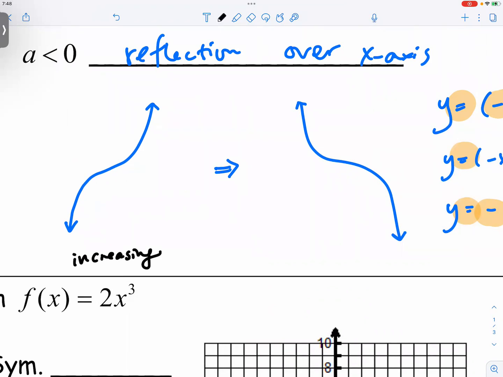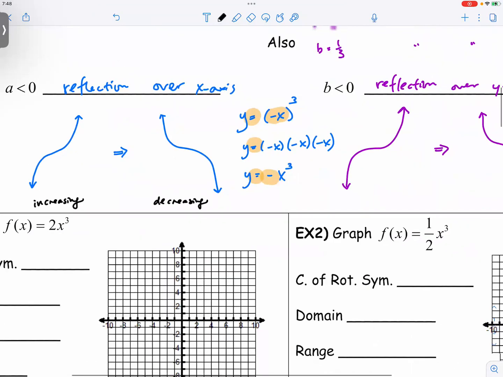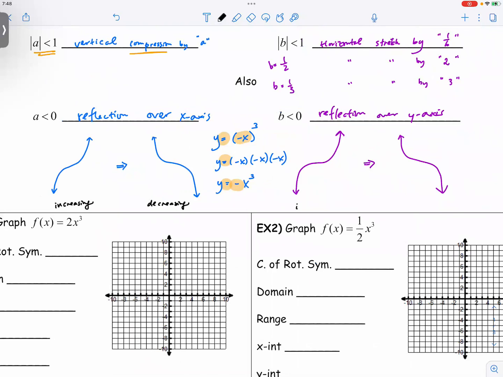And after reflection, this function would go from increasing and becomes decreasing. This would be even more important as you move on to calculus. The same thing is true over there on the other side. It went from an increasing graph originally, and after reflection, it becomes a decreasing graph.